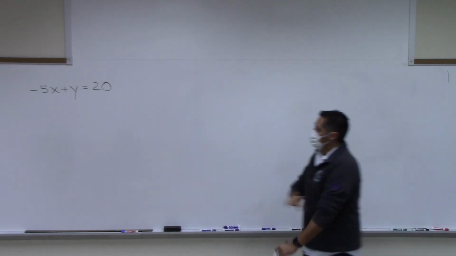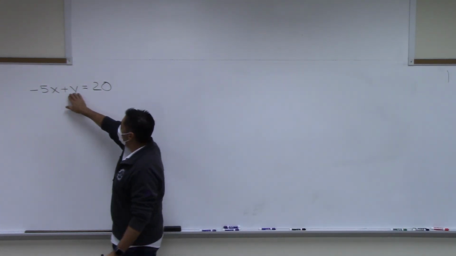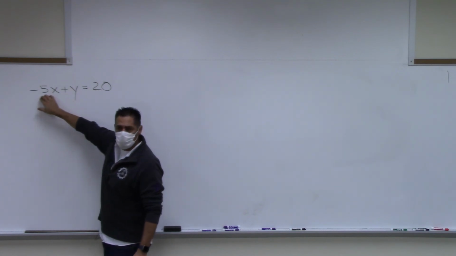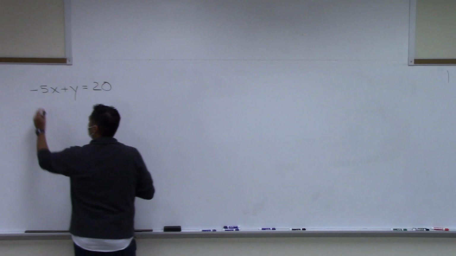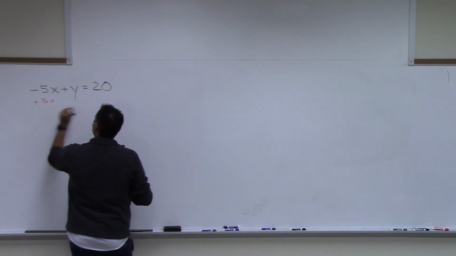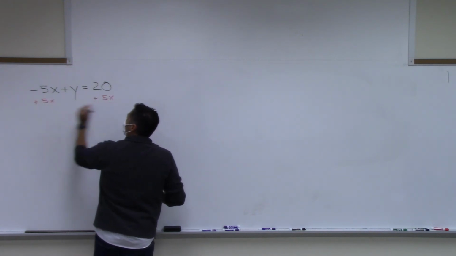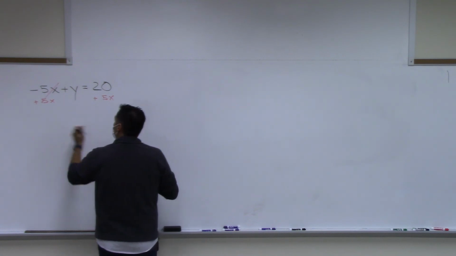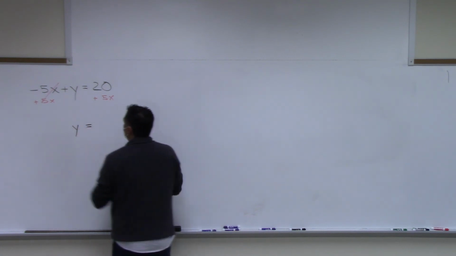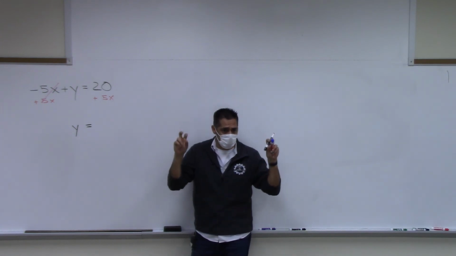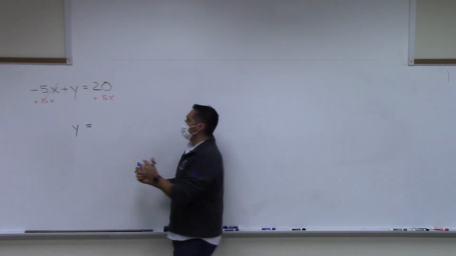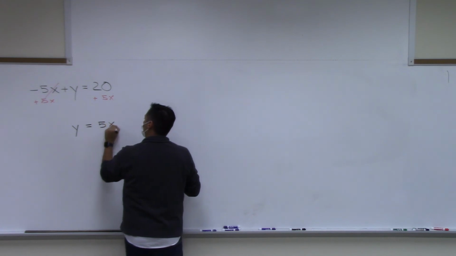I see I have y right here, so I need to get this negative 5x off this side. What I'm going to do is add 5x to both sides. That will get rid of it here, and I'll have y equals, now you cannot add these two together, 20 plus 5x, they're not like terms. We talked about that last class. So the only thing you can do is write 5x plus 20.